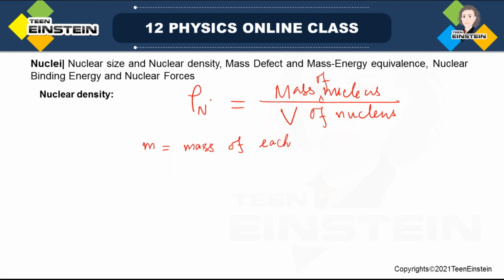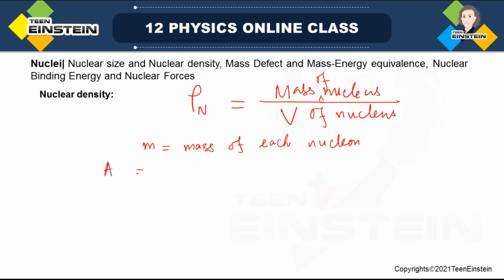I'll tell you once again here what is nucleon. Nucleon means the proton and neutron together are called nucleons. So let us say this small m is the mass of each nucleon.